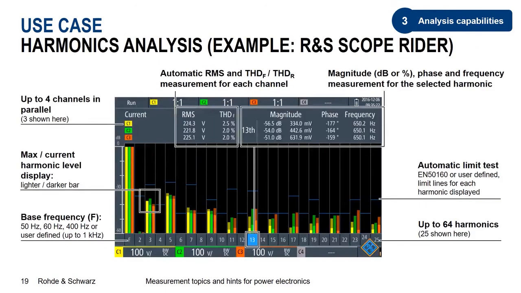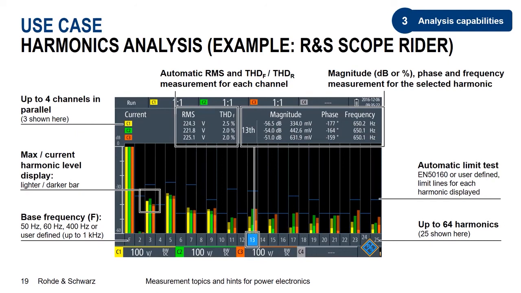Another use case I will quickly touch, and as example I have chosen here the handheld, is that harmonic analysis is often important. What you want to consider is, or want to look at, is what are current harmonics, because there are some limits that you have to observe.